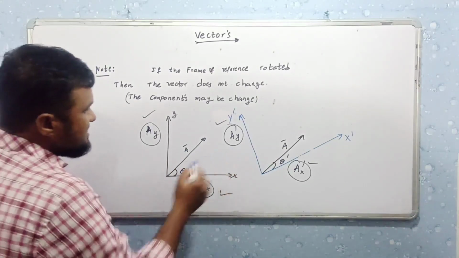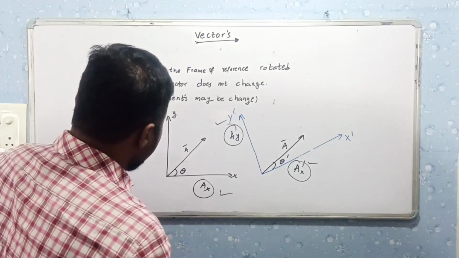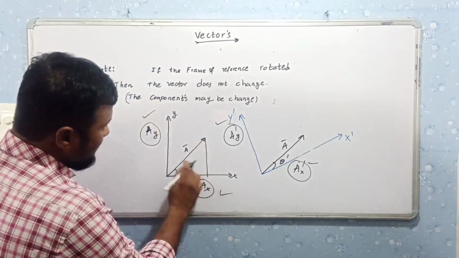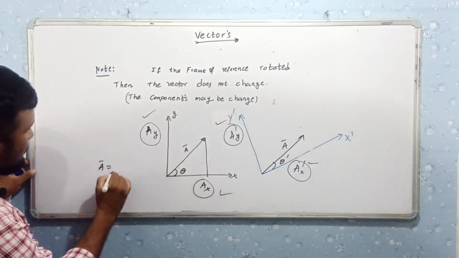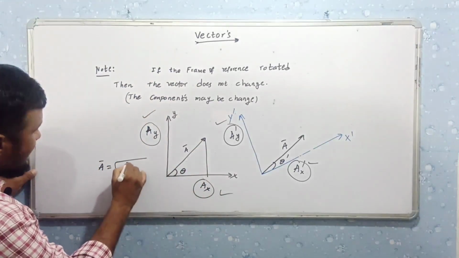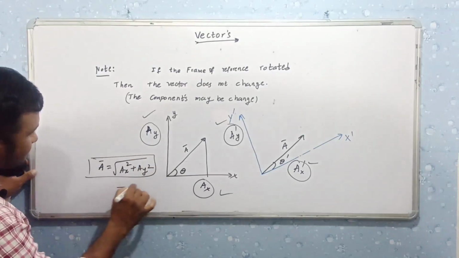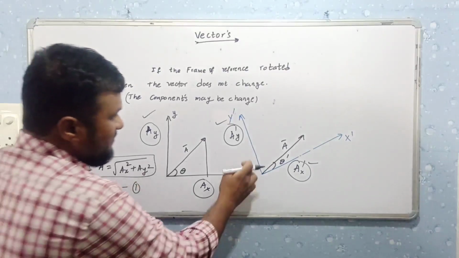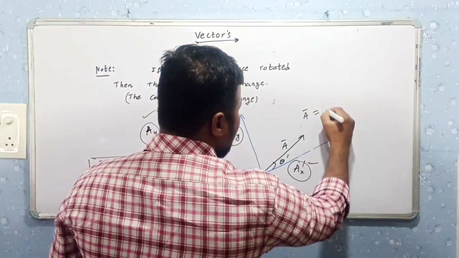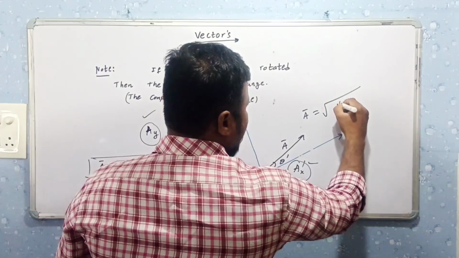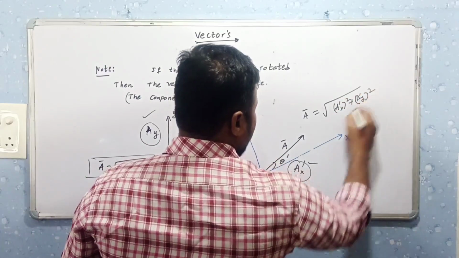So from this scenario, what can we understand? Suppose I take vector a bar. From the Pythagoras theorem, can we write a bar is equal to root over ax square plus ay square? Equation number 1. From this scenario, can I write a bar is equal to root over ax dash square plus ay dash square?